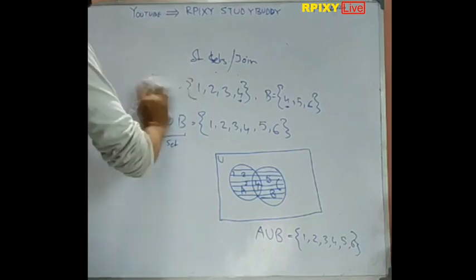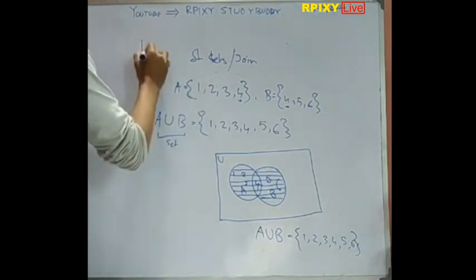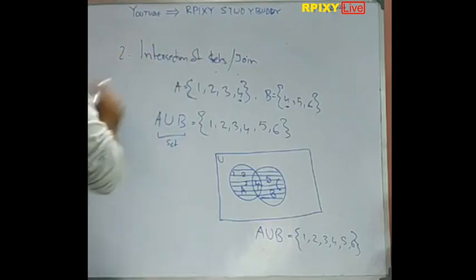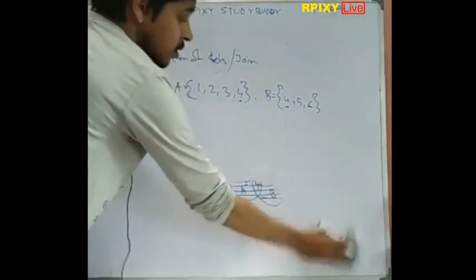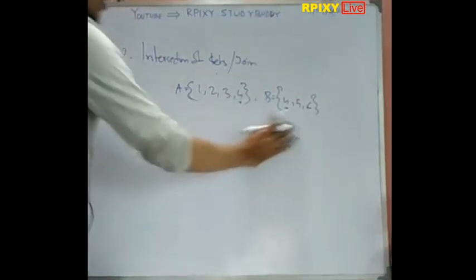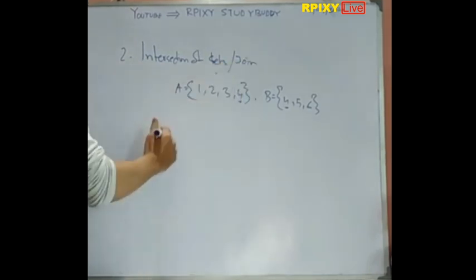Next one is intersection of two sets. This is the number 2. Again I am taking the set A and B, the previous set A and B, and what is the intersection of two sets.